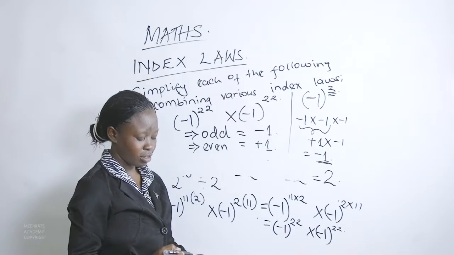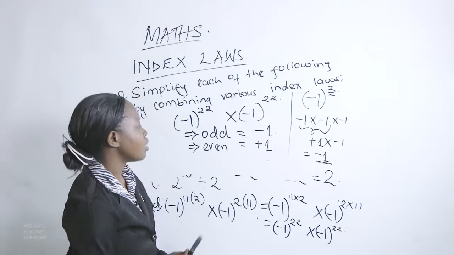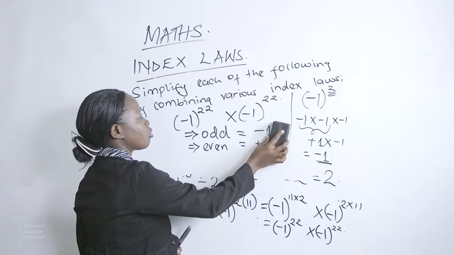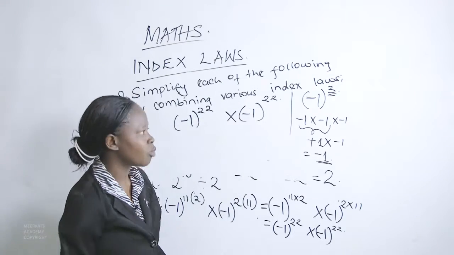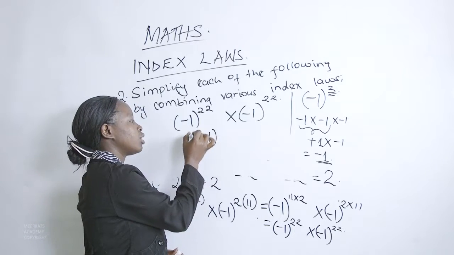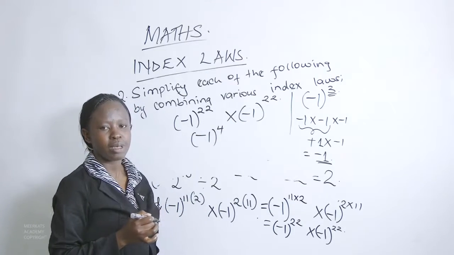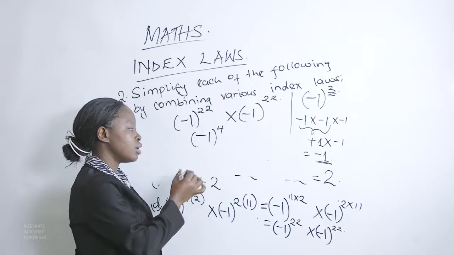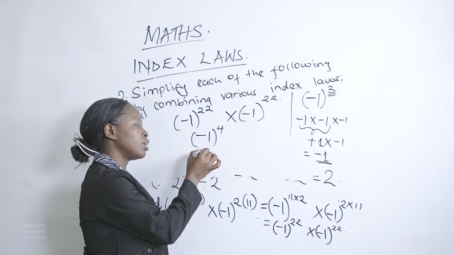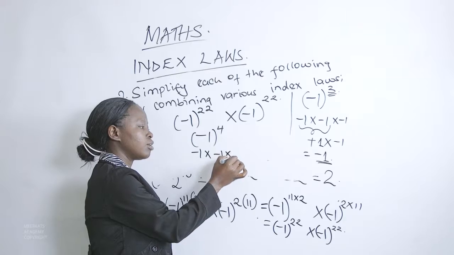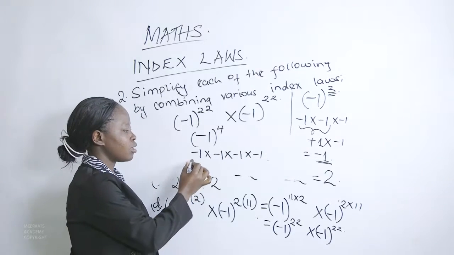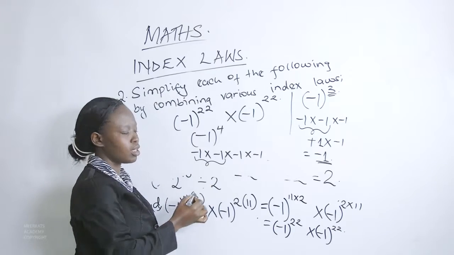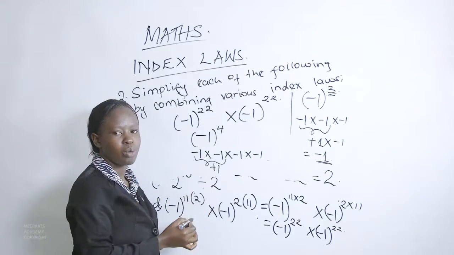But what if it is an even number? An even number is a number like 4. If I have negative 1 to the power of 4, my negative 1 is repeated 4 times: negative 1 times negative 1 times negative 1 times negative 1. Negative 1 times negative 1 gives us positive 1.